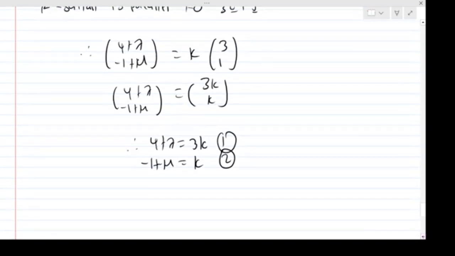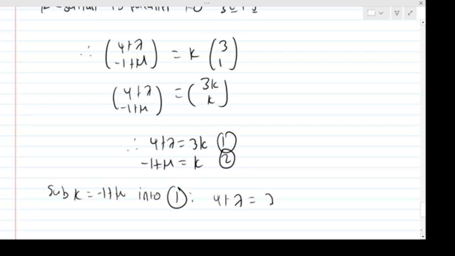Probably the easiest thing we could do is substitute k. I already know here that k is minus 1 + mu. So if I substitute k as minus 1 + mu into the first equation, I get 4 + lambda equals 3 lots of minus 1 + mu.